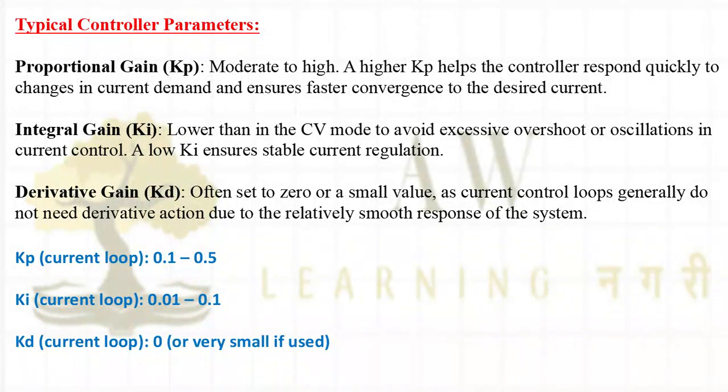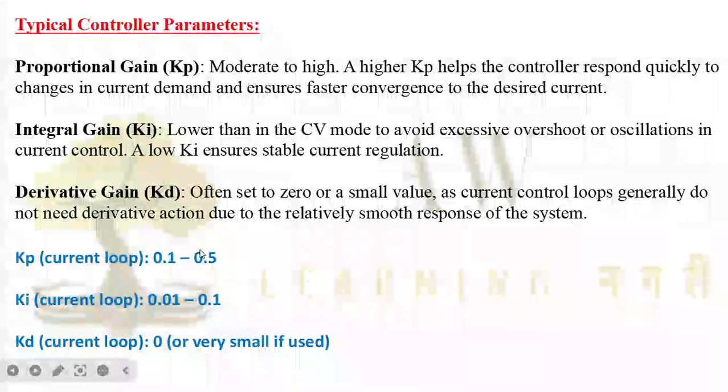That is why we always avoid KD. I will make one video on this same topic, where I will explain the effect of derivative gain and why we generally avoid it. So comment if you want to know about this.